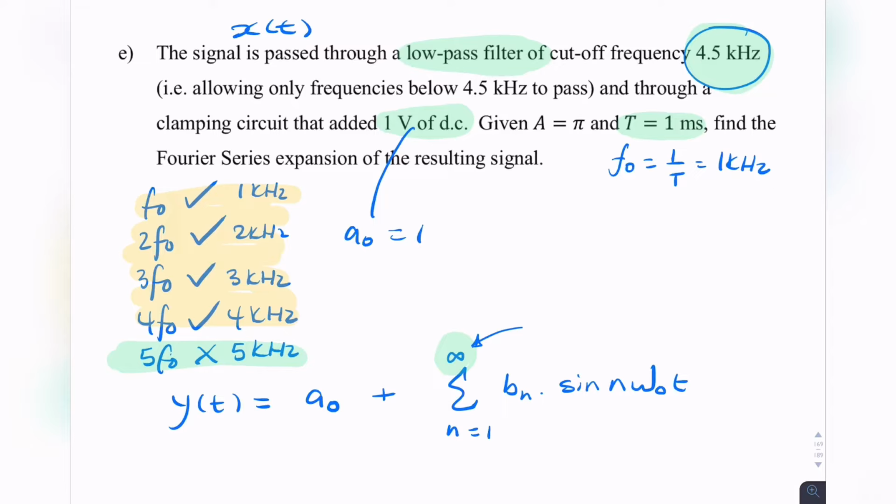The fifth onwards will be blocked by the low pass filter. So we replace this with 4. So we'll only have components from 1 to 4. So we can replace that with 4. We can replace A0 with 1.